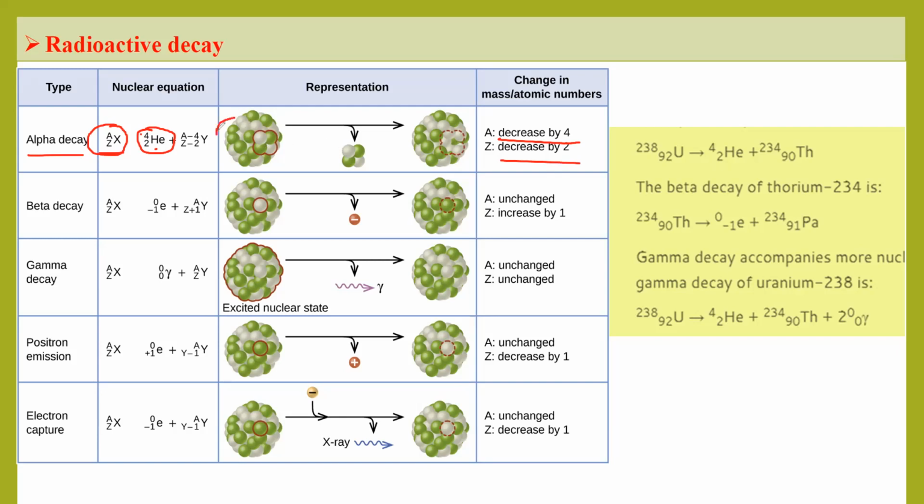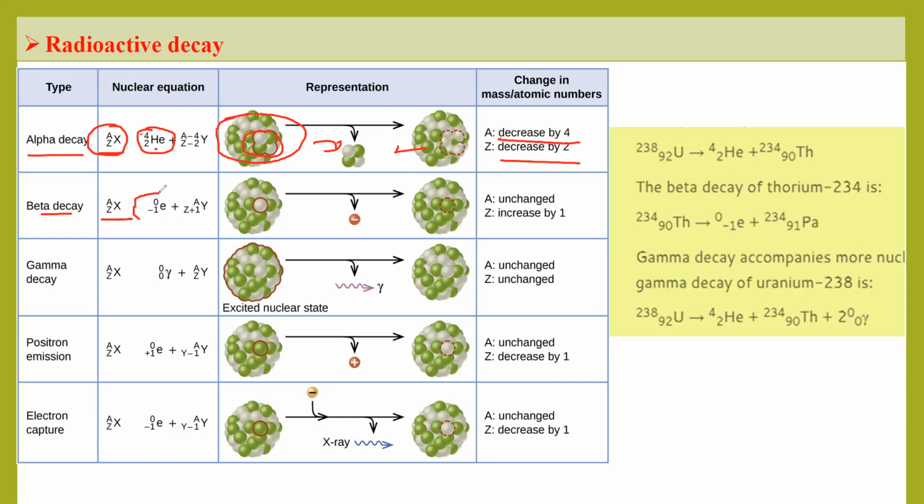This is the diagrammatic or pictorial form. We can understand this is the unstable nucleus, and this is the alpha particle. When it is released, there is a vacancy of 4 mass number and 2 protons. Now, when a nucleus undergoes beta decay, initially it is ZXA.